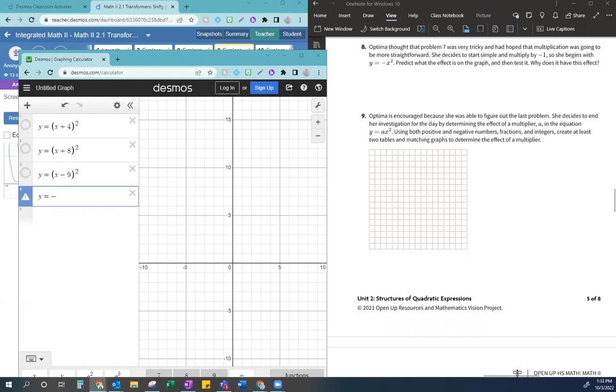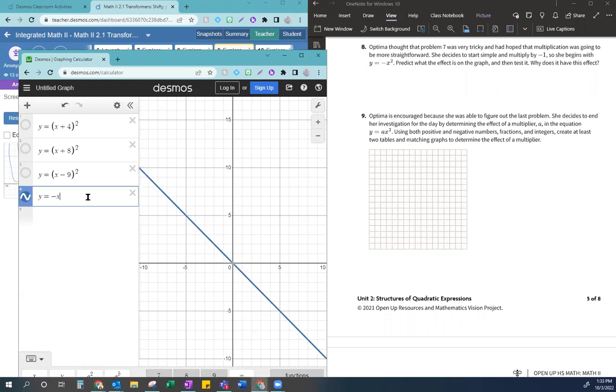What do you think is going to happen? Yeah, it opens down. Very good. Exactly. Thank you for sharing that. Yes, it faces down. It opens down. It doesn't look like a U anymore. It kind of almost looks like a little n.